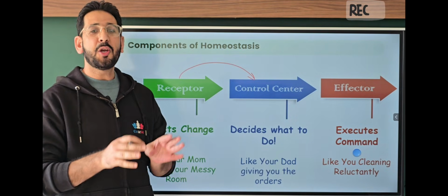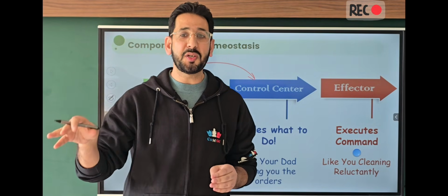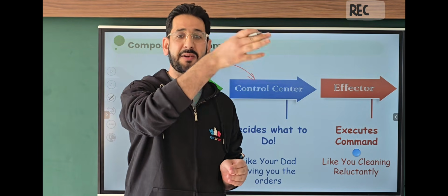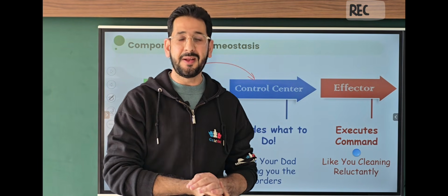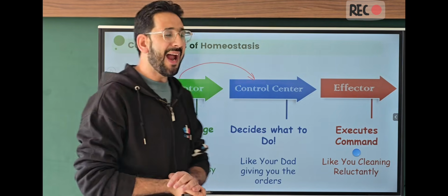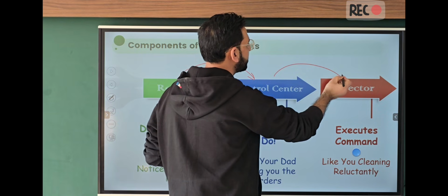For example, in the example I have given you, your mother detects your dirty room, and your mother will pass this information to your father, and that father becomes the control center. Now, your father will decide what has to be done against the change, and that decision will be sent to the effector.